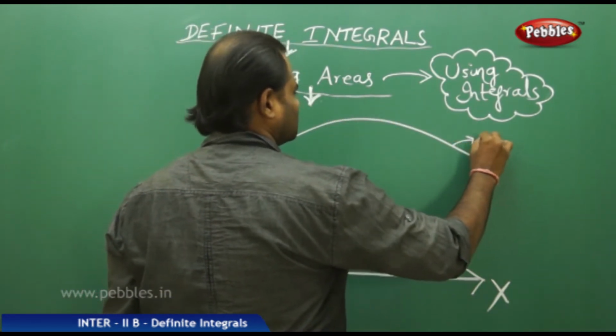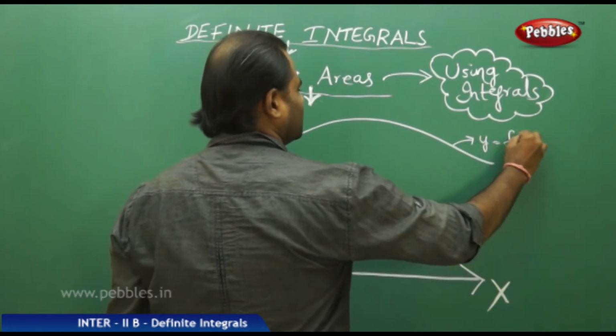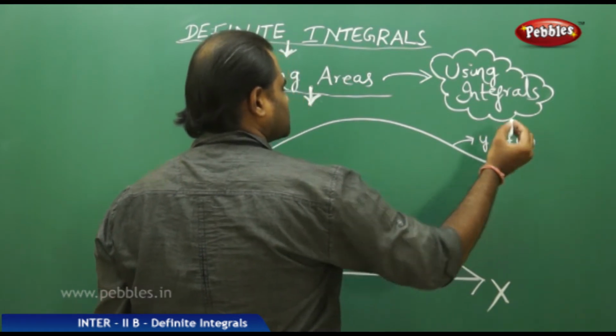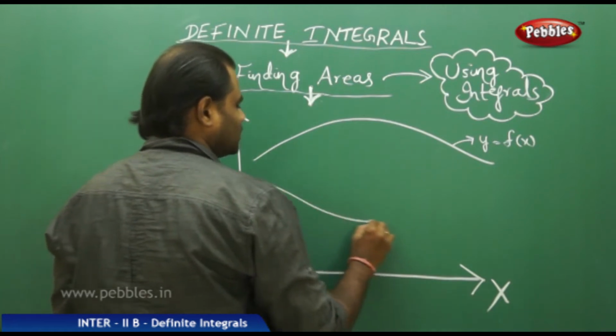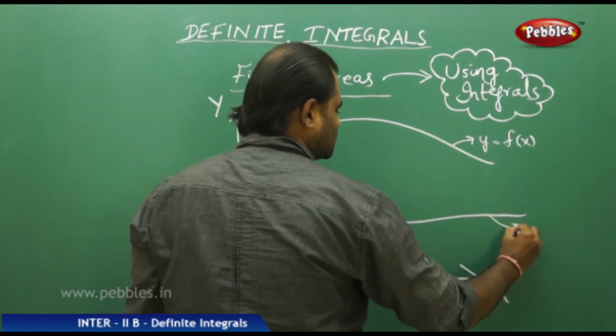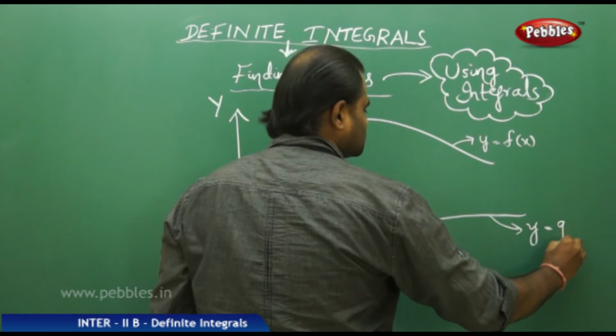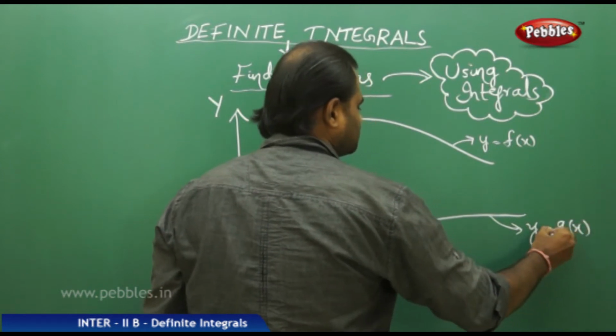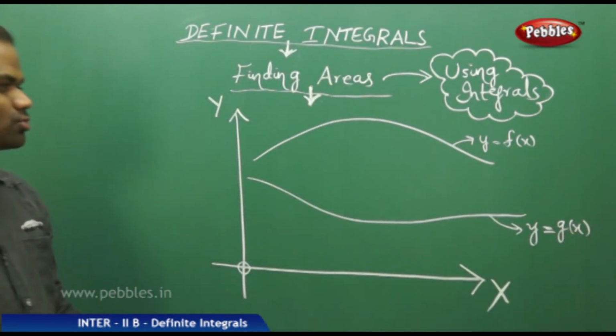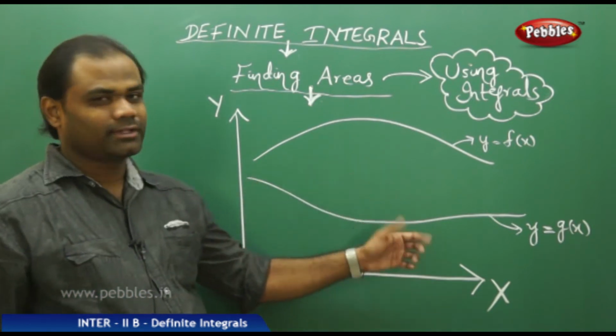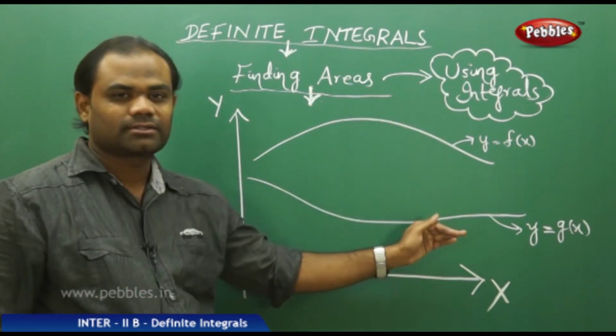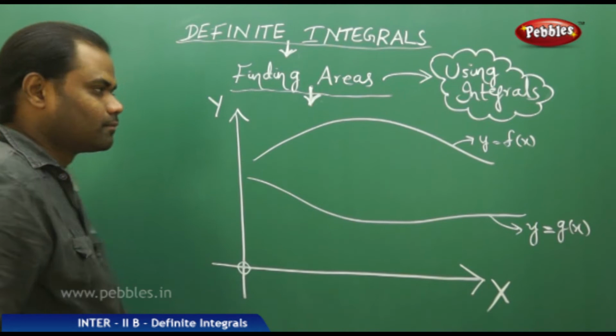The one given by y equals f of x, and I have another curve given by y equals g of x. Now as I see these 2 curves, I clearly see that f of x is the upper curve and g of x is the curve which is below.